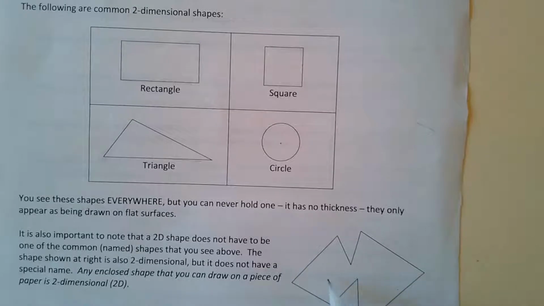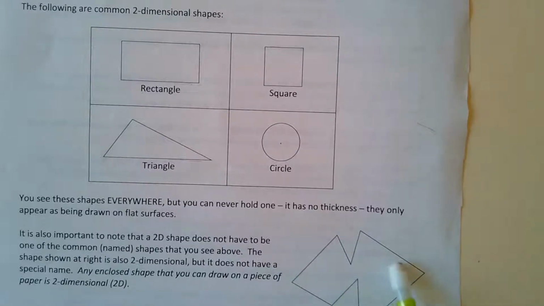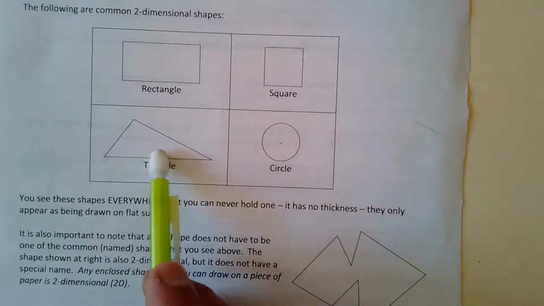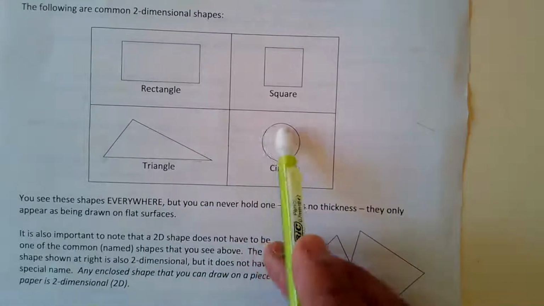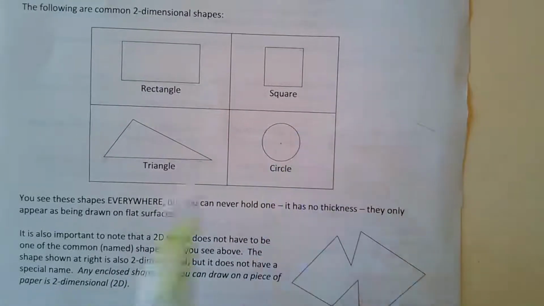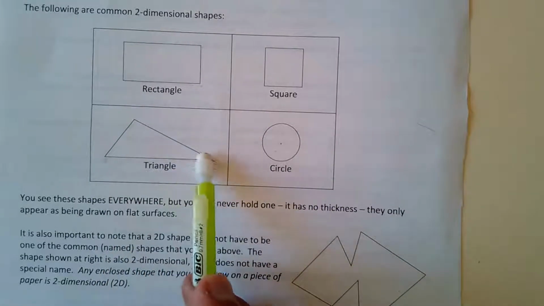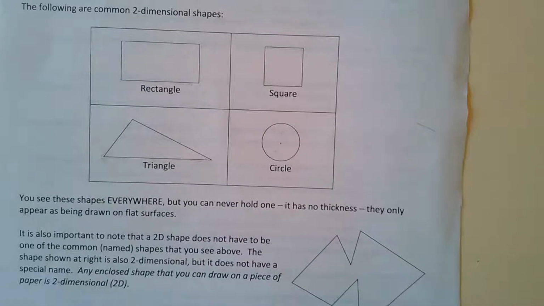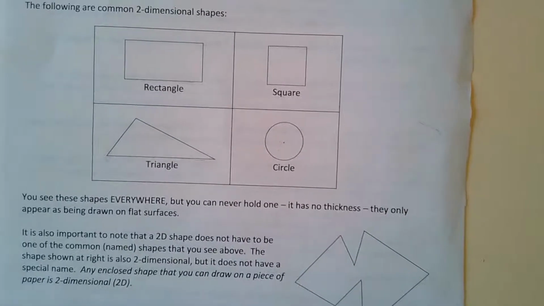We can still find the area, which we recognize as the space within this object. The space within this object will be referred to as the area. What's the space in here? The area. The distance around the line here we refer to as the perimeter. So we can find those. That's what this lesson is all about.